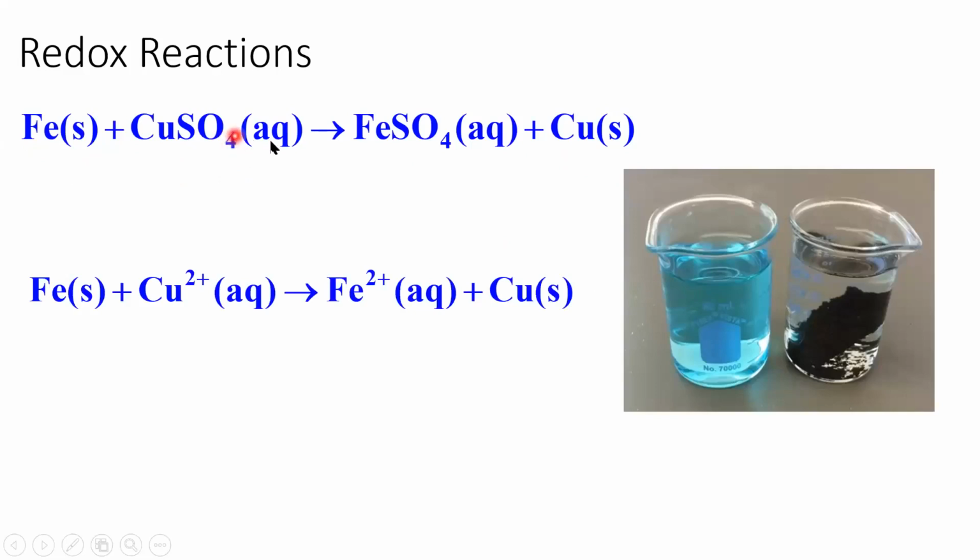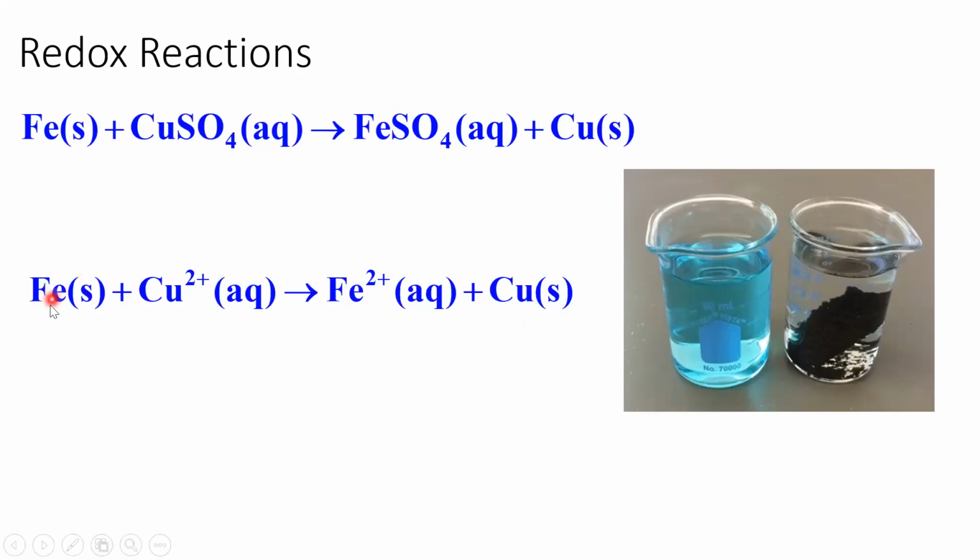So first, since this is aqueous, we could break it up into its ions, copper ions and sulfate ions. And since this is aqueous, we could break it up into its ions, iron ions and sulfate ions, and the sulfate ions become spectators. So the net ionic equation looks like this, just a little bit easier to look at since the sulfate have nothing to do with the reaction anyway.